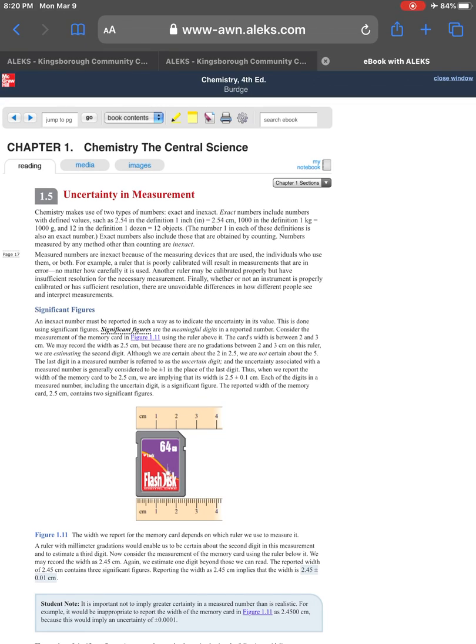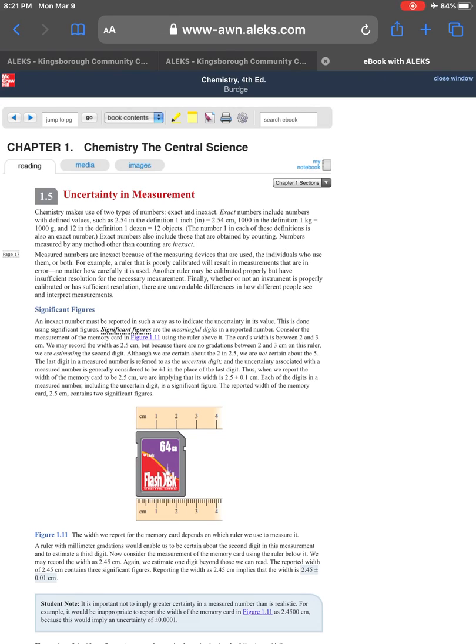Okay. So let's take a look at a couple of definitions here. One is that an inch is defined as 2.54 centimeters. A kilogram is defined as 1,000 grams. 12 is a definition of a dozen.